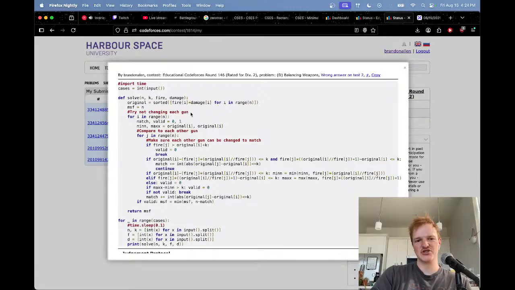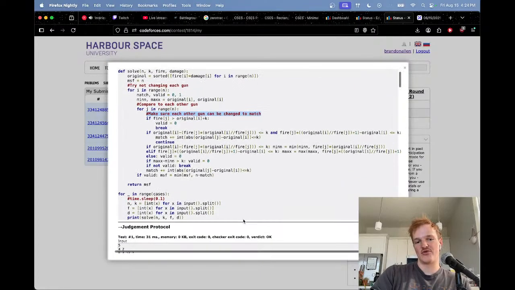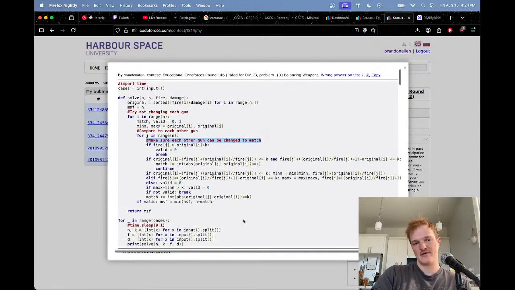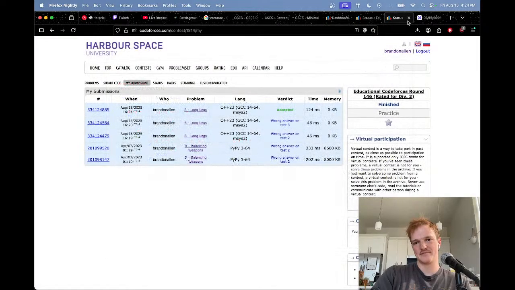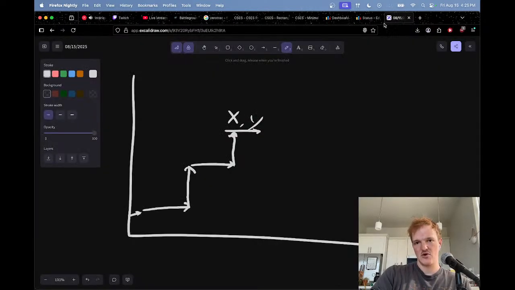Try not changing each gun. Compare to each other gun. Make sure each other gun can be changed to match. Okay. That seems almost exactly like what I was thinking about here. Only now it's in C++.